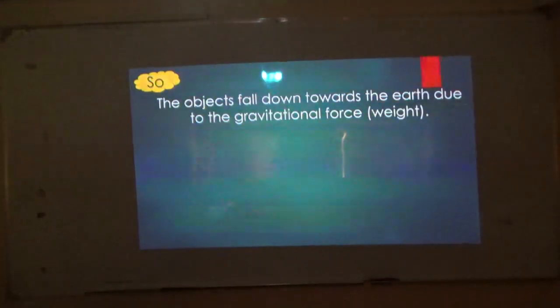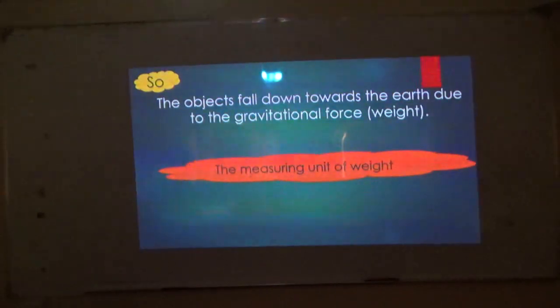So, the reason for objects falling down towards the earth is the gravity or gravitational force or the weight. And the measuring unit of weight is Newton, as I mentioned before.